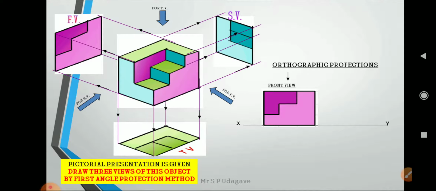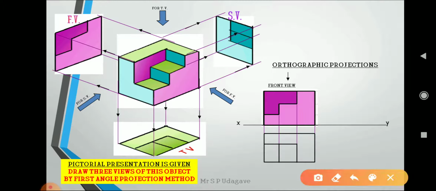For the top view we take the projection for the length and the total width; we cannot observe the height. So length and width we take into consideration, and we can complete the top view.